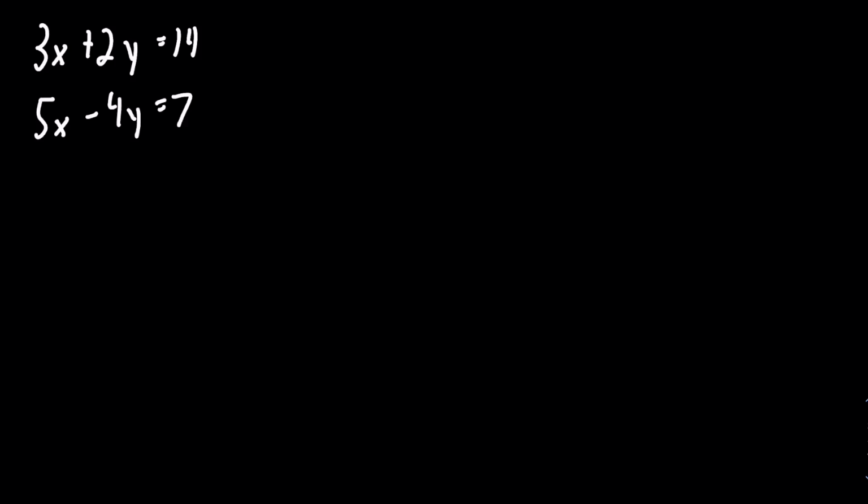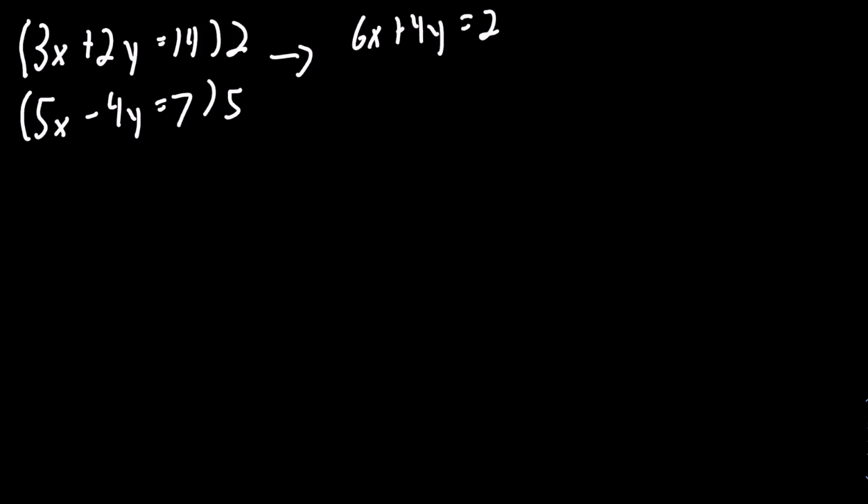This time, we'll use the method of elimination. Let's multiply equation 1 by 2 and equation 2 by 5 to eliminate the variable x. Simplifying this system yields 6x plus 4y is equal to 28, and 25x minus 20y equal to 35.